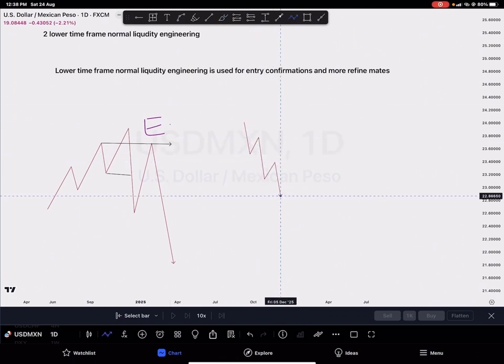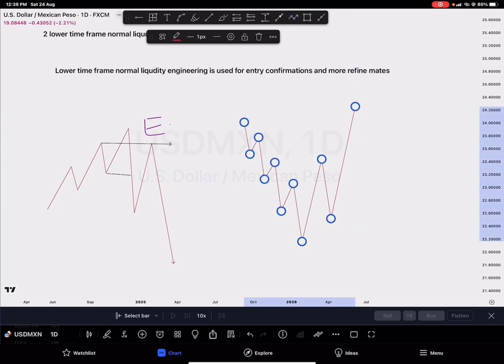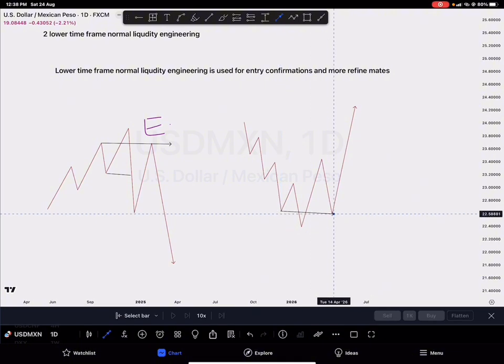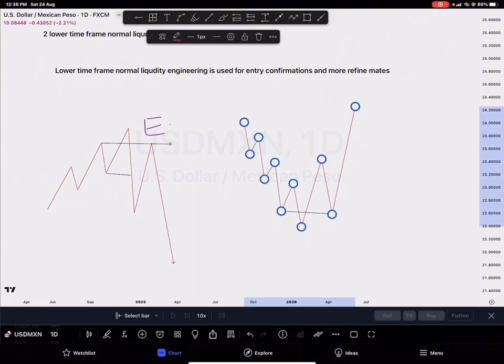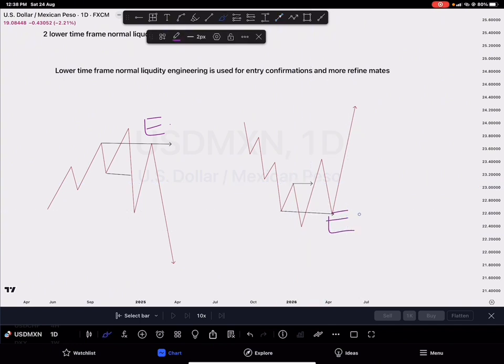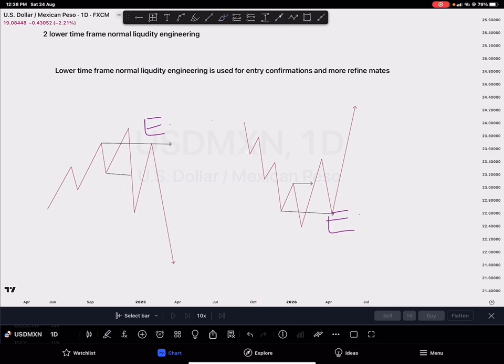This is a lower time frame normal liquidity engineering. So the entry is based here.